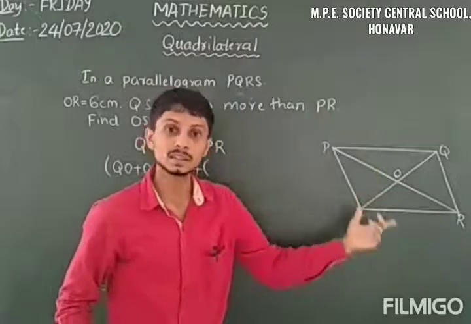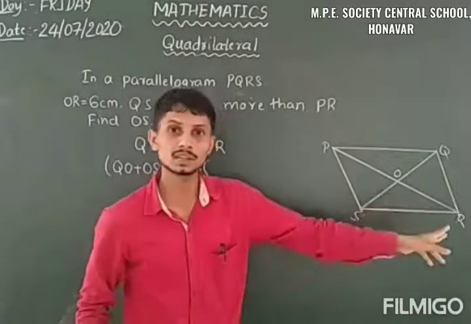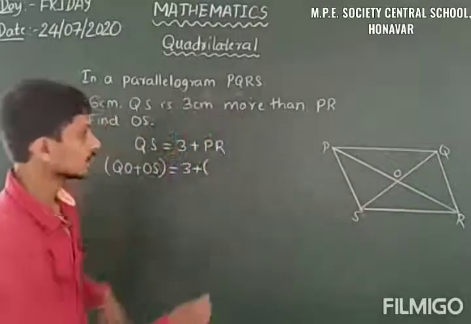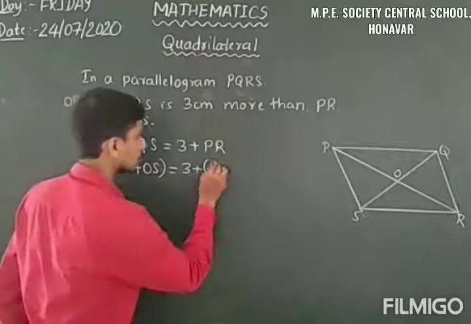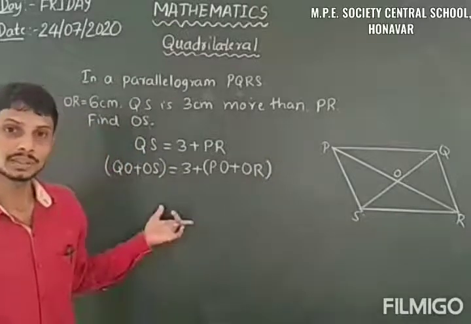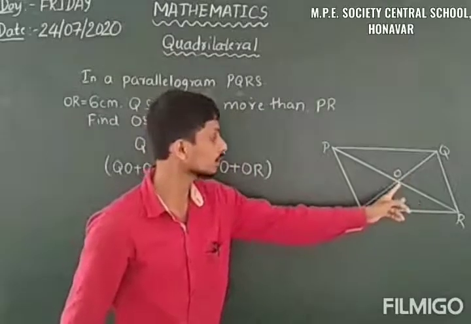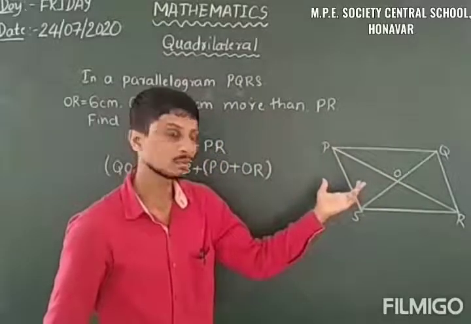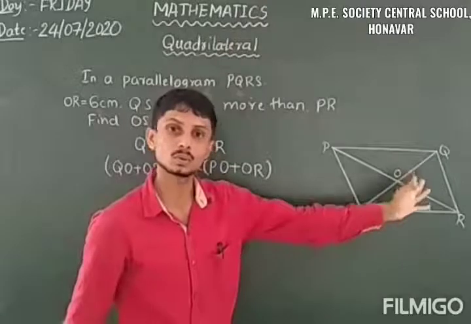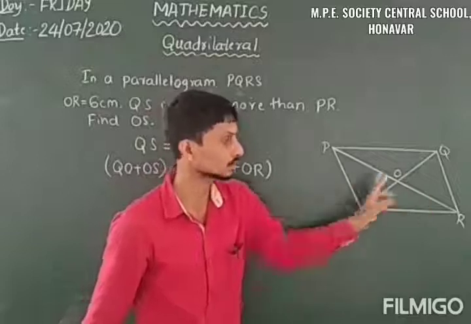What is our PR? We write PR as PO plus OR, because the diagonals of a parallelogram bisect each other. That means PR is split into two parts by the intersection with QS, so PR is PO plus OR. Also, OR is equal to OP from property number 4, and QO is equal to OS. So from property number 4, these two sides are equal.